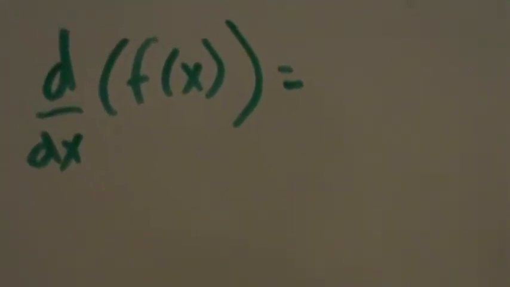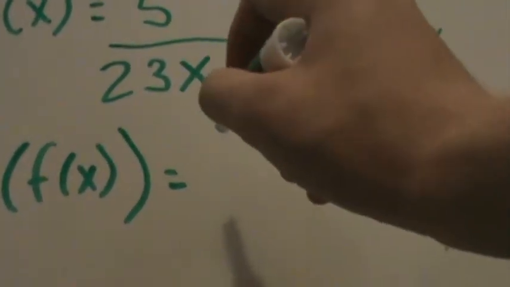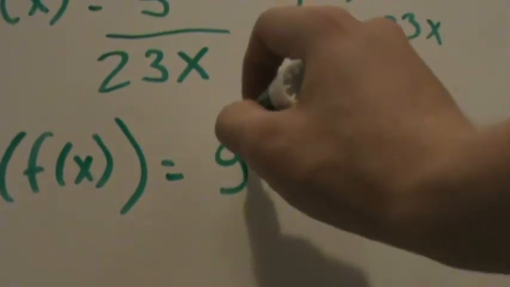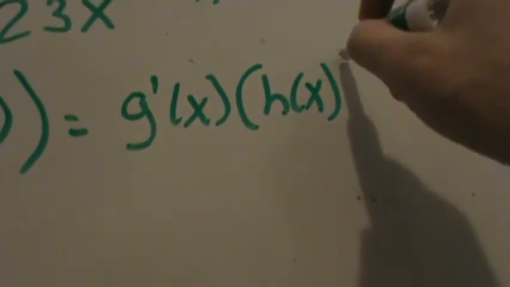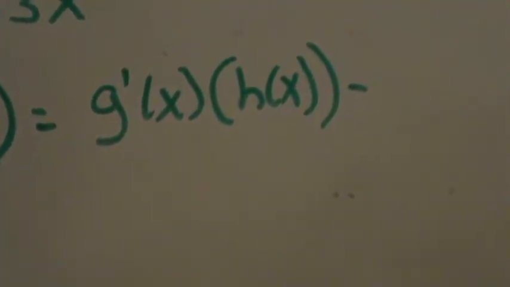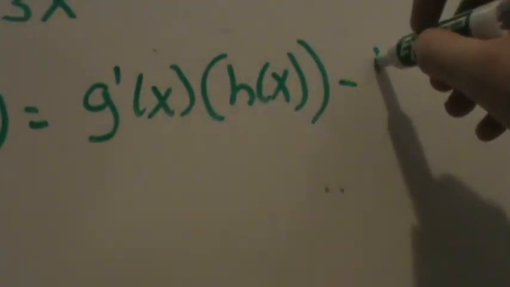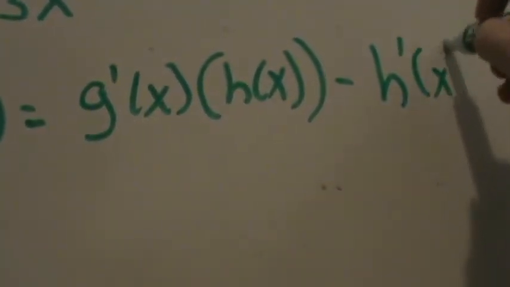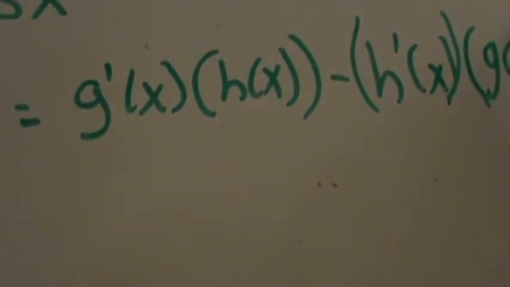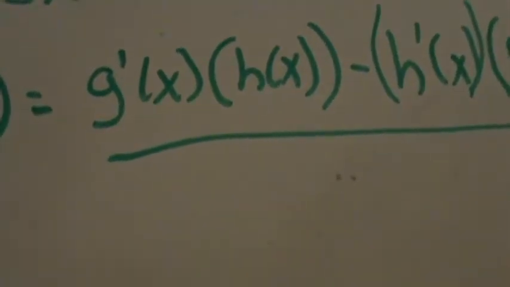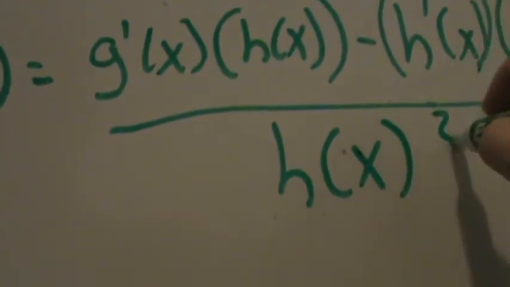So the derivative of f of x will be equal to, you basically take the derivative of g of x and multiply it by h of x, and you subtract that from h prime of x multiplied by g of x, and you put this all over h of x, not h prime of x, h of x squared.